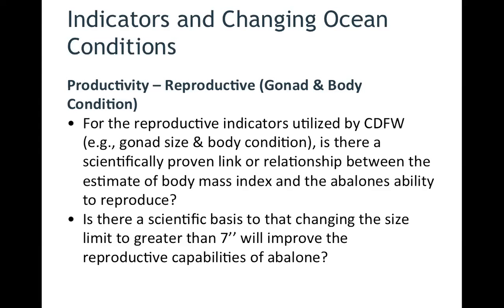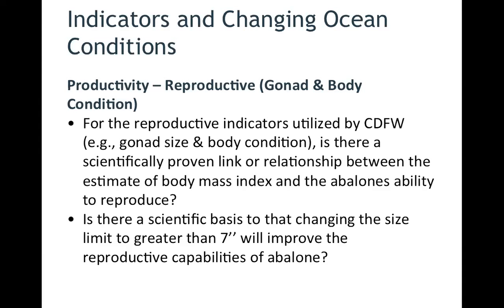This is Jack Likens again. Could you add one other thing to that? I know with the gonad index, it's a measurement of the size of the gonad. Is there any particular science that says a gonad of X millimeters or centimeters long equals good reproduction and Y is bad?